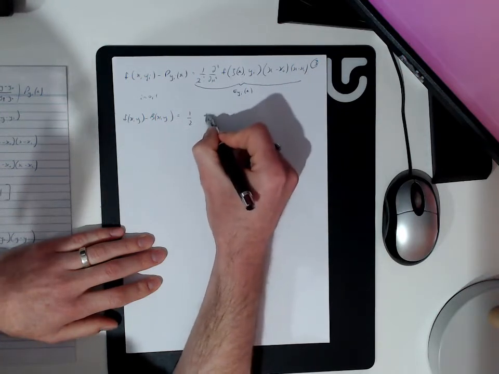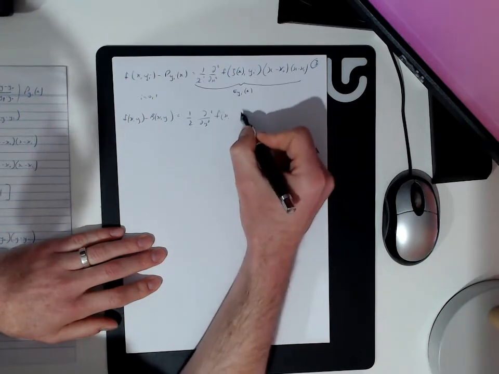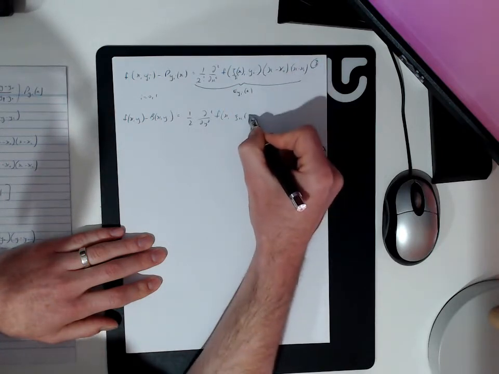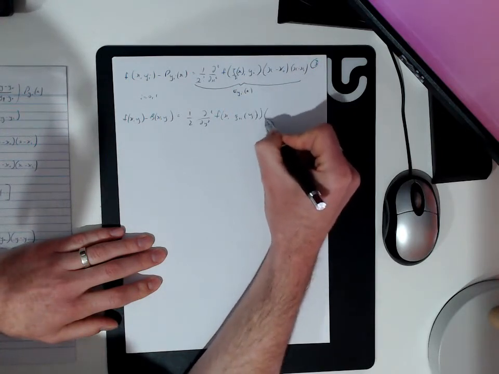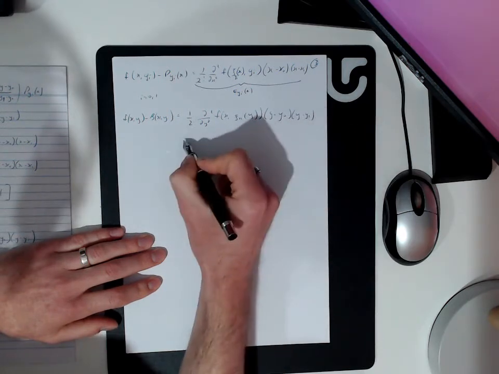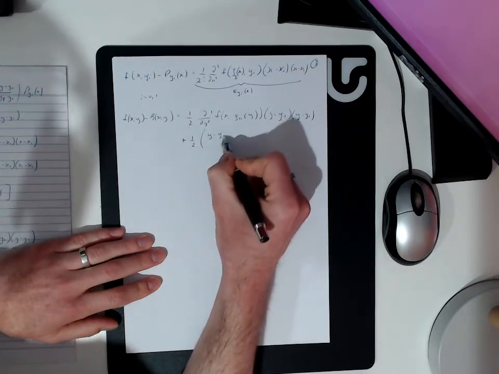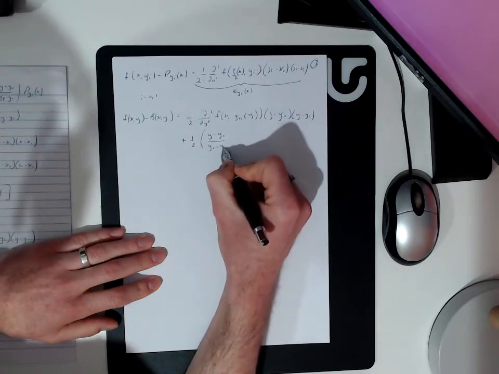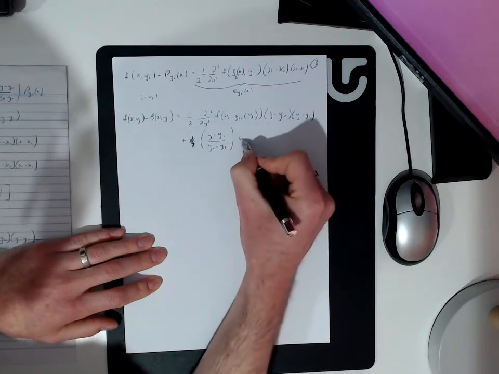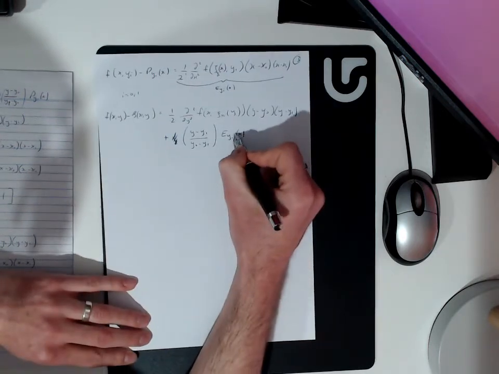So you get the error in the y direction because we have y interpolation going on. As you expect, plus 1/2 times the interpolation in the y direction, or the Lagrange interpolant, times the error, the yi error x.